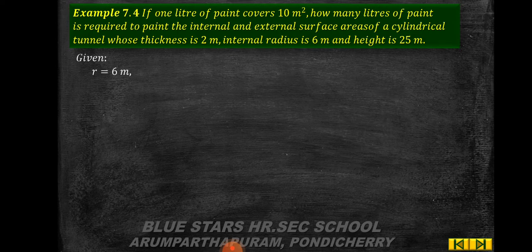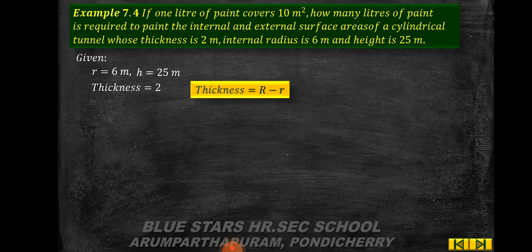So given small r is equal to 6 meter, h is equal to 25 meter, thickness is equal to 2 meter. So thickness is equal to capital R minus small r. So capital R minus small r value is 2. Here you know the value of small r. So capital R minus 6 is equal to 2. Capital R is equal to 2 plus 6. Capital R is equal to 8 meter.